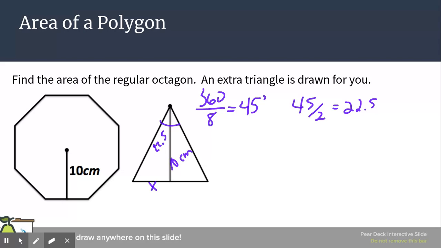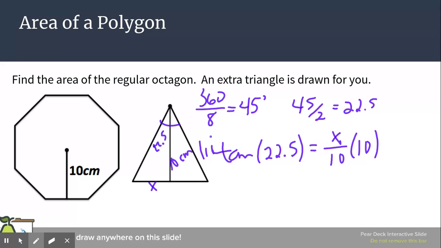So away we go. Tangent, because I have my opposite and adjacent sides. Tangent of 22.5 equals opposite x over adjacent 10. I'm going to multiply both sides by 10. If I multiply both sides by 10, I get rid of this.